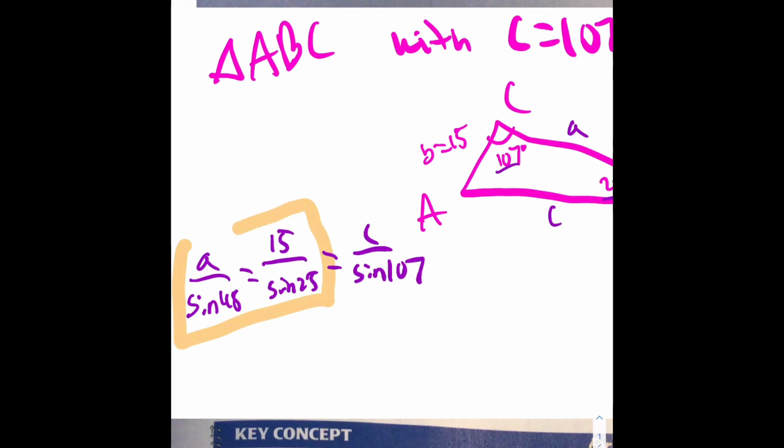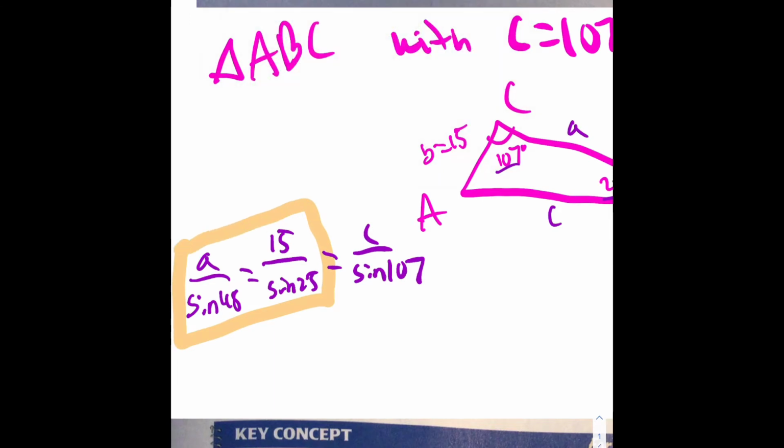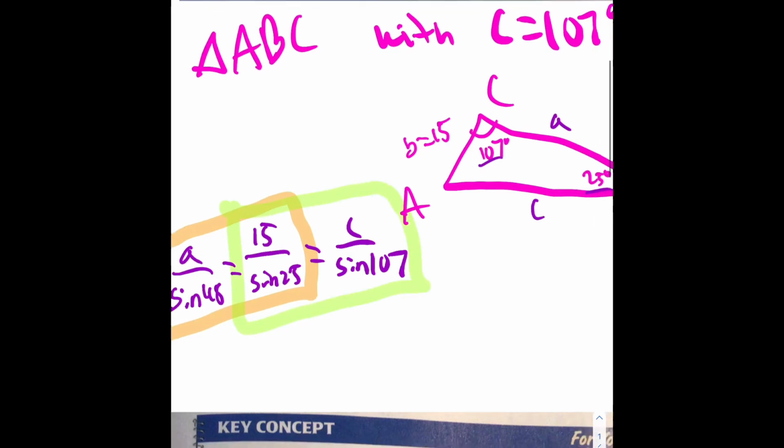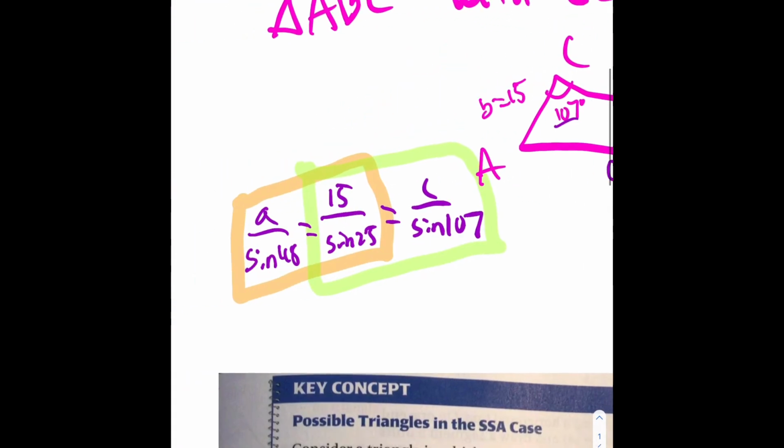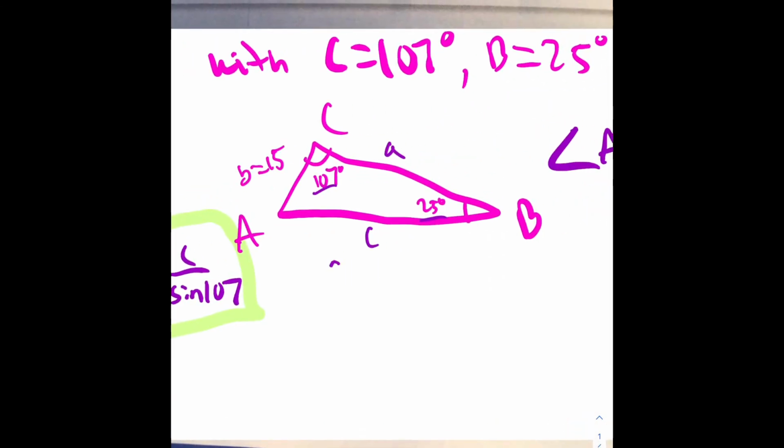If I'm solving for A, I'm going to focus on this part. And when I'm looking at side C, I'm just going to focus on this part. It just becomes a proportion at this point. So I'm going to take A over sine 48 equals 15 over sine 25.